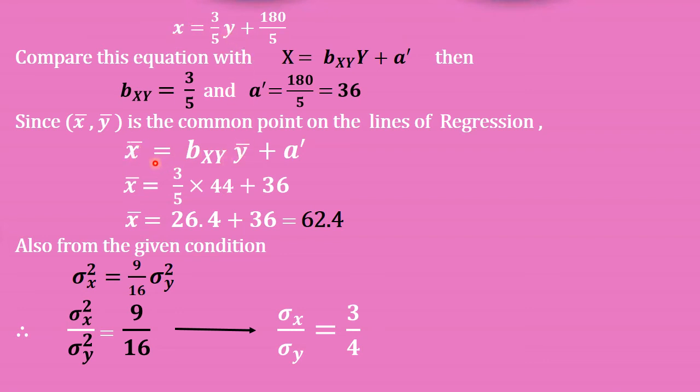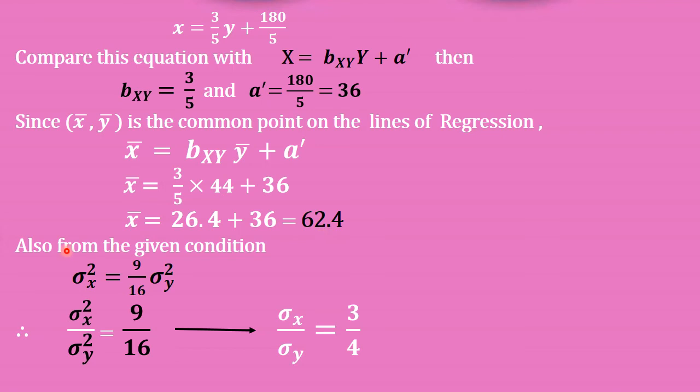X bar is equal to bxy into y bar plus a dash. Substituting the values of these three quantities bxy, y bar and a dash, we get x bar is equal to 3 upon 5 into 44 plus 36. That is, x bar is equal to 26.4 plus 36, which is equal to 62.4.